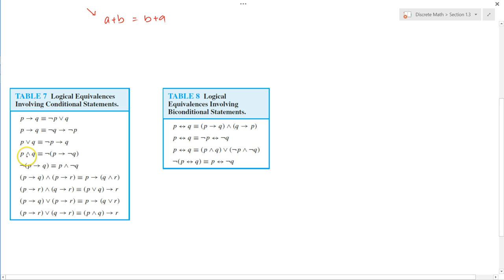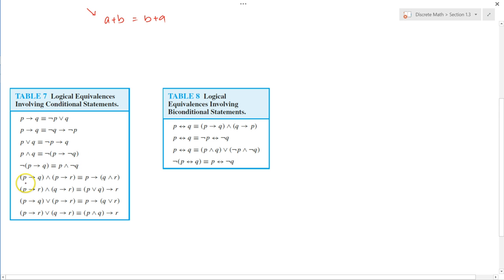Next one is P and Q is equivalent to not, and P implies not Q in parentheses. And the same way, not P implies Q is logically equivalent to P and not Q. Now, if you want to double check and make sure that these equivalences hold, you can always use the truth table.